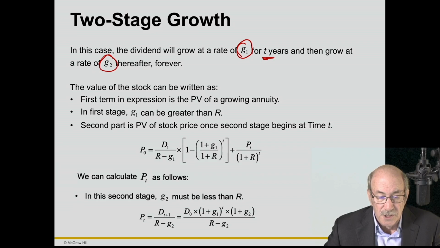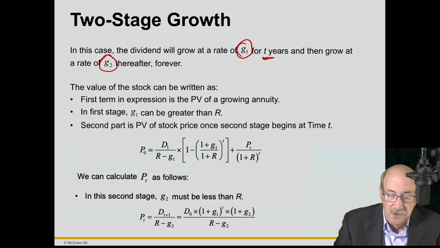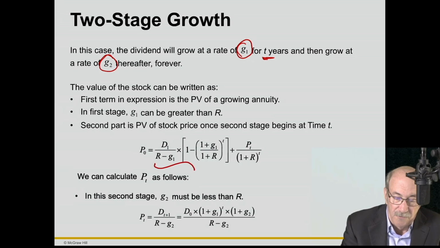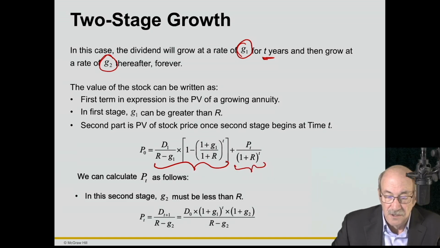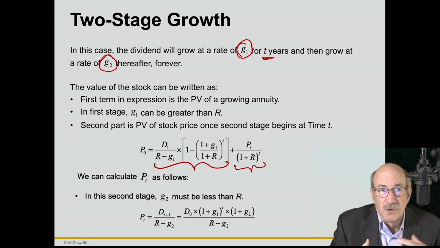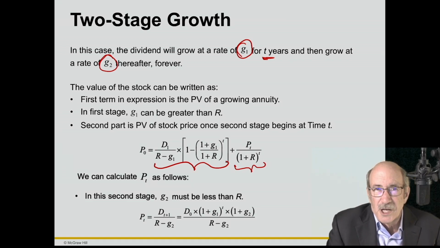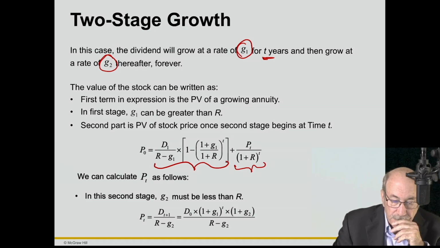Now, to do this, we've got to deal with this in two pieces. We're going to deal with first the first stage of growth, and then this is that second stage of growth. Okay, so the first stage of growth, and I'm just going to give you an intuitive sense of what's going on here. You can think of it this way. Let's start a timeline.